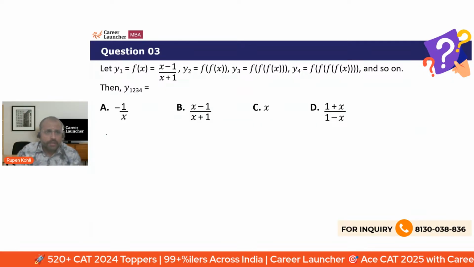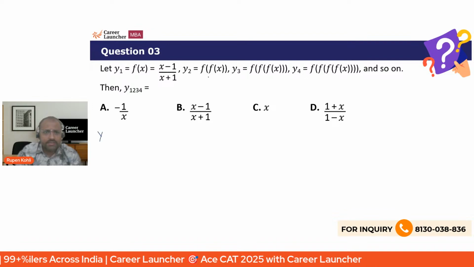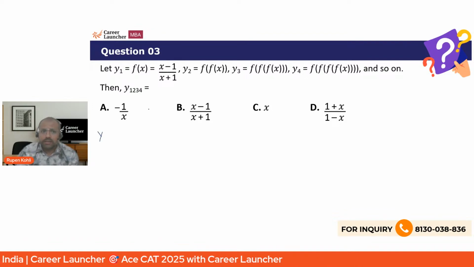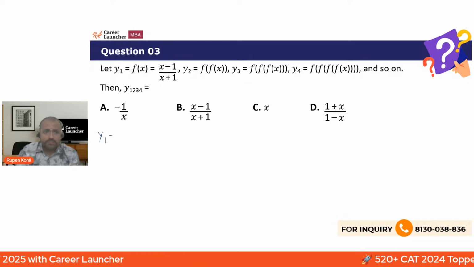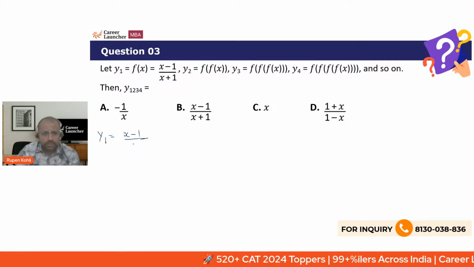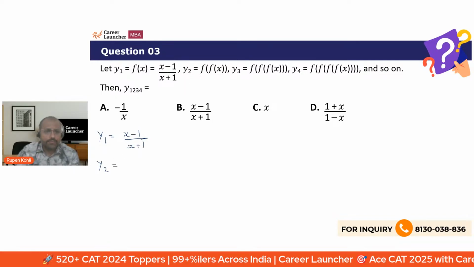So y1 is given as this, f of x. This is a recursive function, or a composite function, a function of a function. So we have y1 given as x minus 1 over x plus 1. Just start solving. What is y2? Y2 is f of fx.